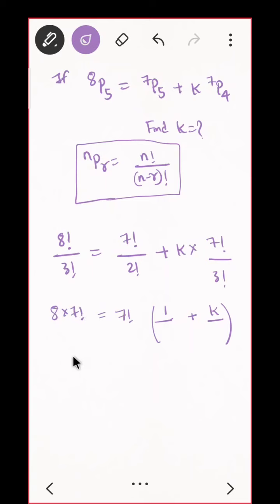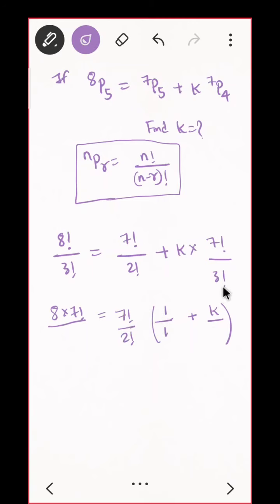Okay, now let us see the denominator. Here it is 3 factorial, here it is 2 factorial, here it is 3 factorial. What is the least value? 2 factorial, which means we need to make everybody 2 factorial. So here it is already, I will take 2 factorial outside from here. So from here it will be 1, and what about this one?